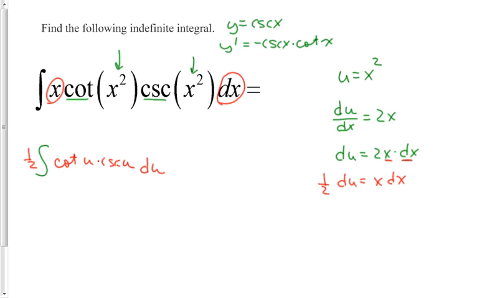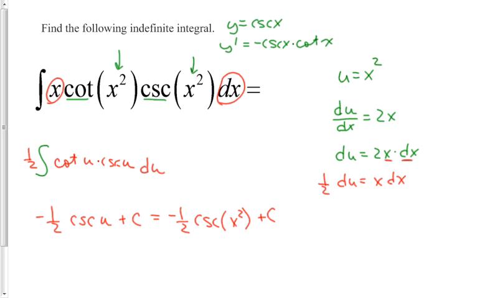Now I can take the integral of that. The integral of that will be 1/2 just cosecant of u. I'm going to have a negative in there though, plus c. And then again, I've got to do my substitution, so I'll have a negative 1/2 cosecant of x squared plus c.